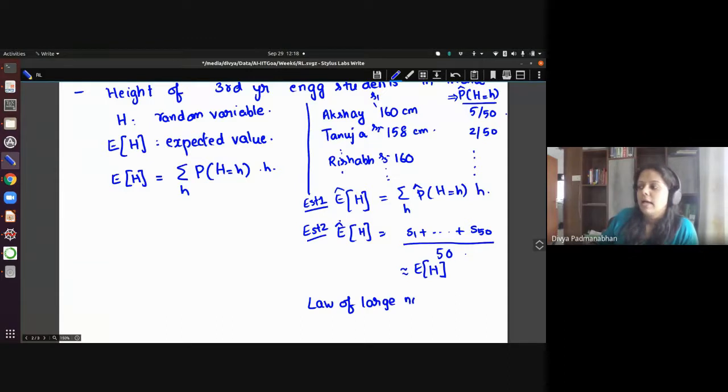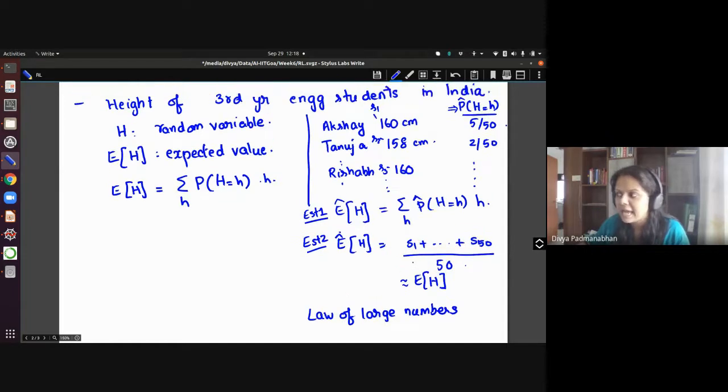And so here you see there are these two ways of estimating the expected value. And actually, both of these are going to give you the same number. The way you estimated the probabilities was just the number of students with this height divided by the total number. And if you look at this expansion, that probability is also going to come in.